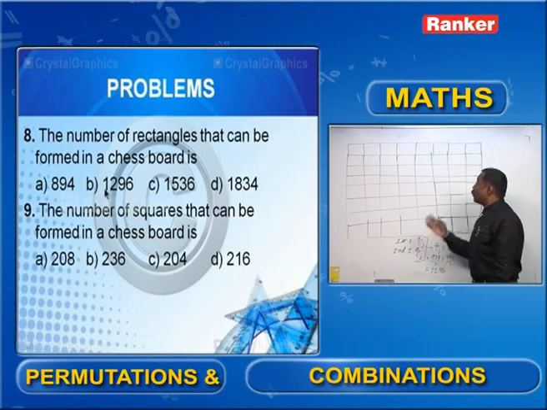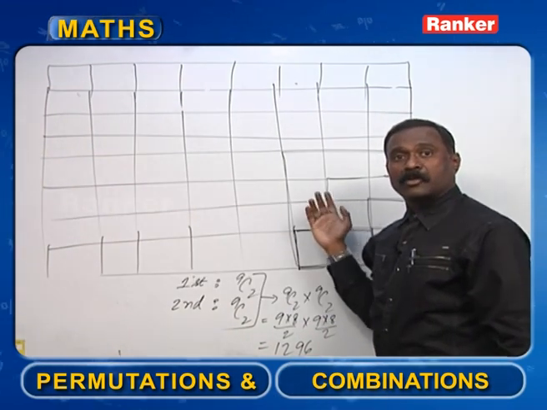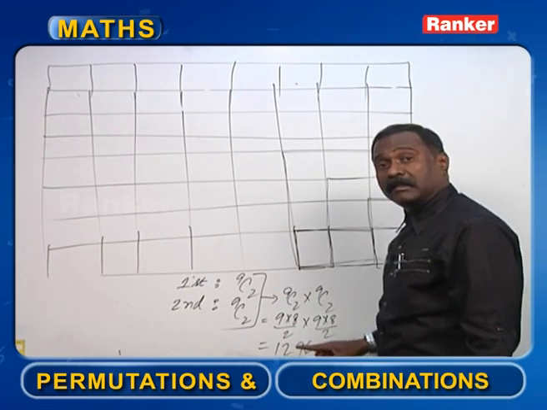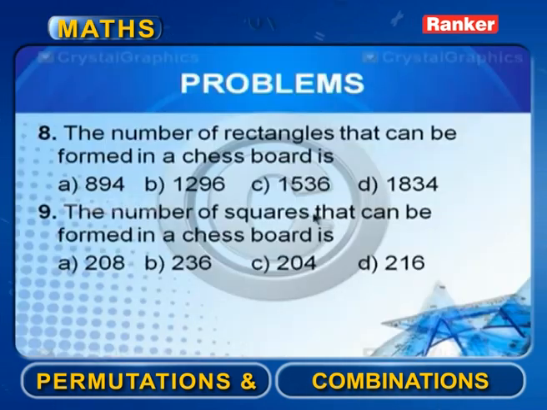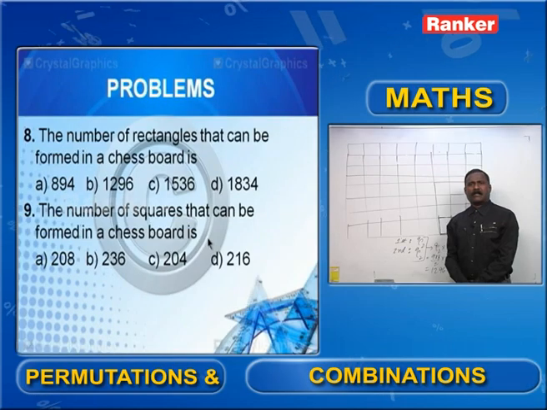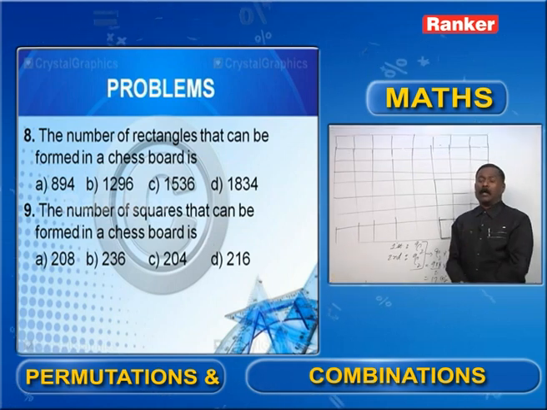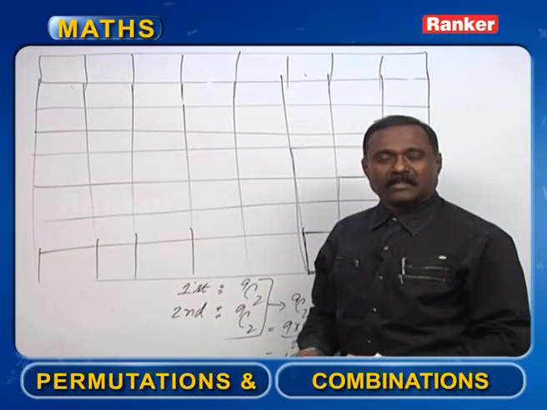So the number of rectangles that are present on the chessboard are 1296. Now if you see the next question, the number of squares that can be formed in a chessboard. Just go through the question and answer it on your own, and if you get the answer, that will be good.